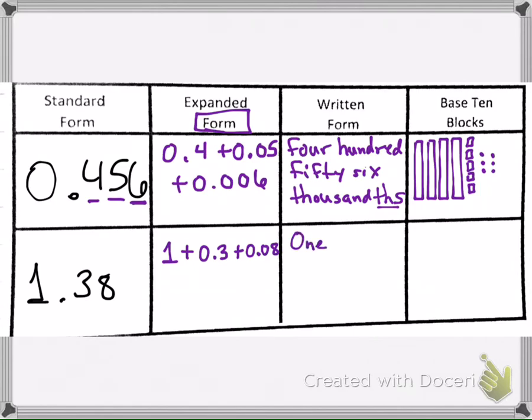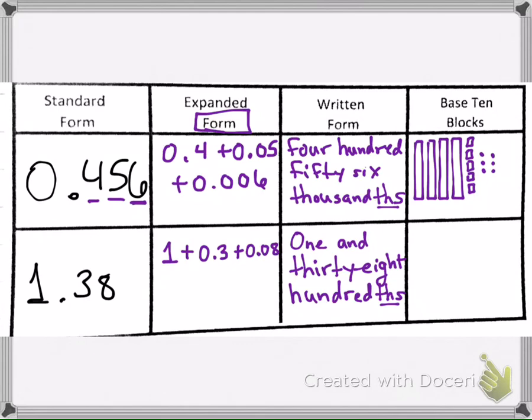So it's going to be 1, the decimal is read as the word "and," and then you say 38, and the last place value is the hundredths place, so it's 38 hundredths with a THS at the end because it is behind the decimal, to the right of the decimal.